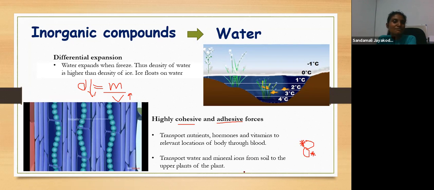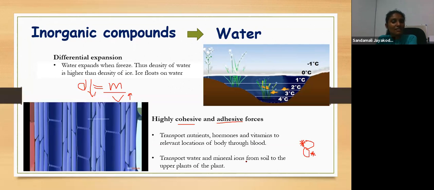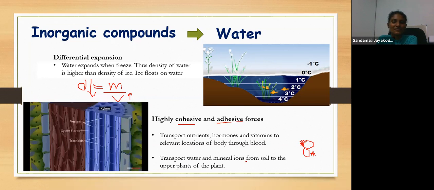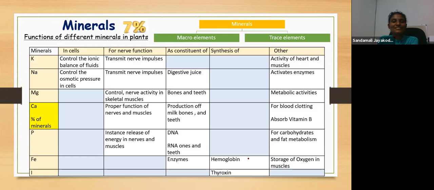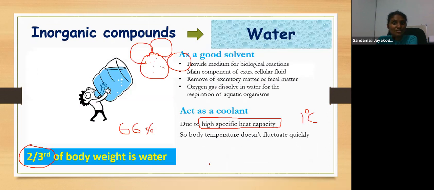All the minerals are absorbed like this in a plant root, and from stem to the leaves. And then finally, at the end of these lessons, we are going to discuss the minerals. So I hope now you have a good knowledge about the function of water as an inorganic compound in living matter.